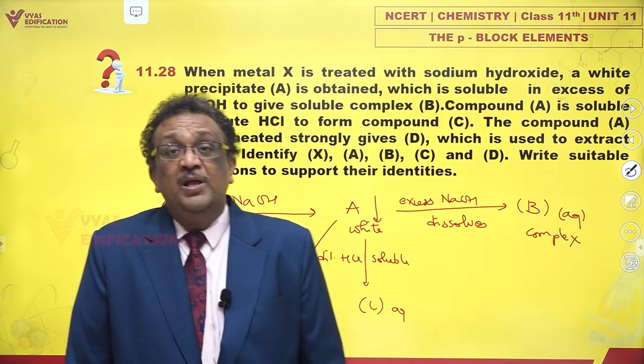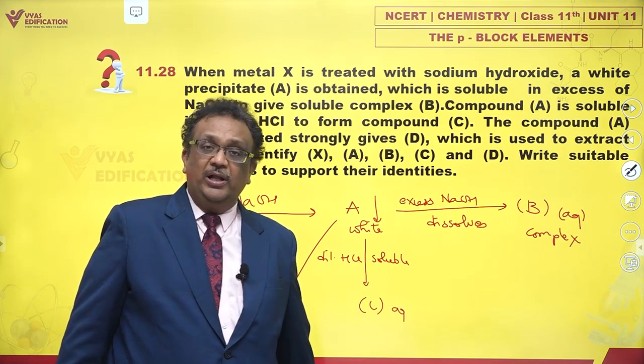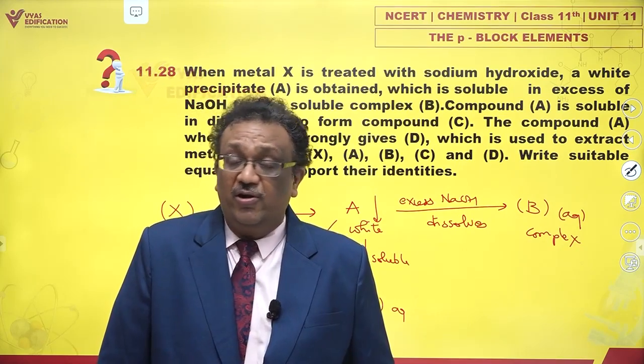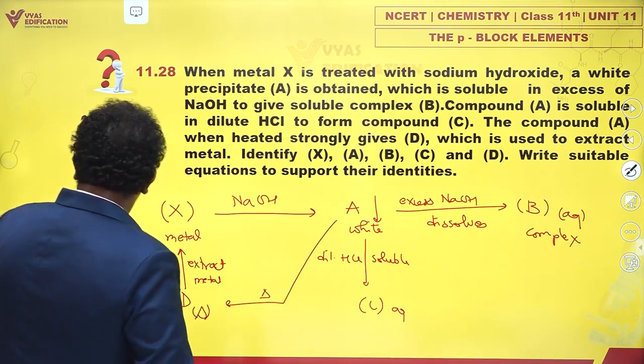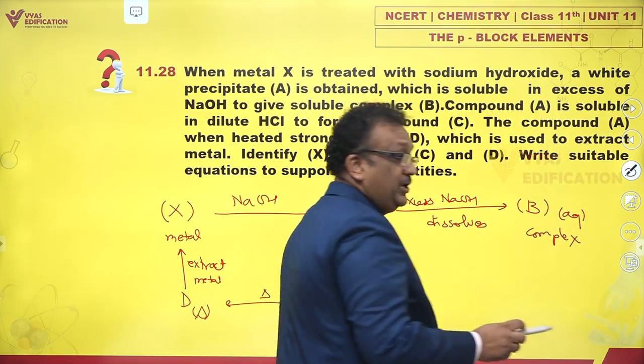Why not +4? A +4 oxide will have a problem because things like PbO2 and SnO2 would find it difficult to dissolve in HCl directly without a redox reaction. But aluminium can dissolve very beautifully. So we eliminate those options and we get aluminium as a potential candidate.